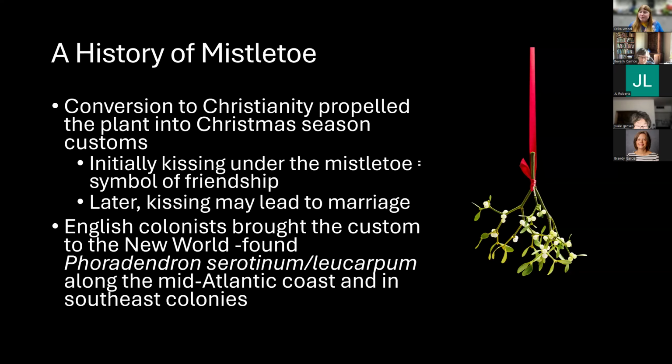And so they kept the tradition going with that mistletoe because it was very similar in appearance to what they were used to in Europe. They would hang mistletoe, except really now and into modern times, when we kiss under the mistletoe, it's more of a romantic nature, if you will.